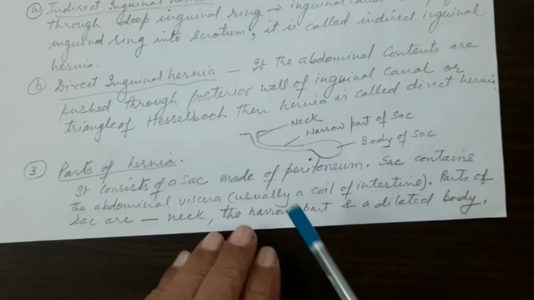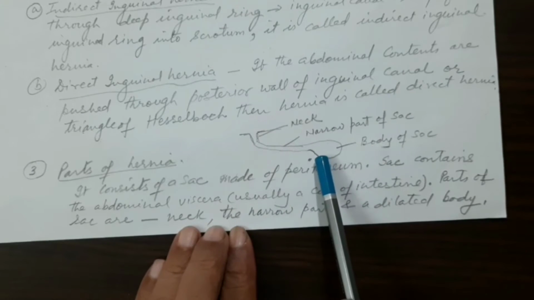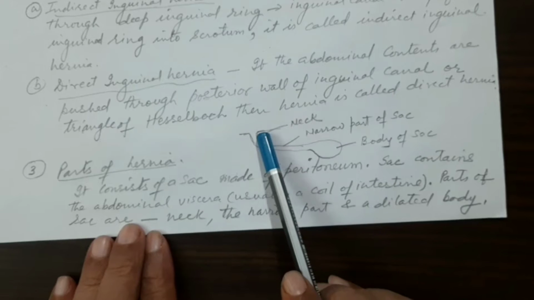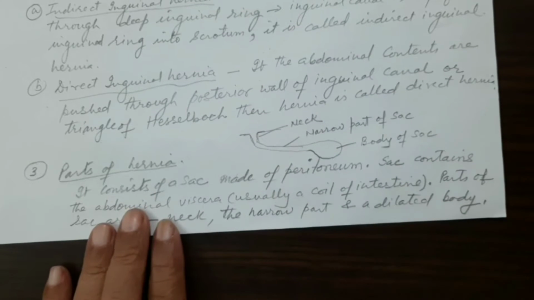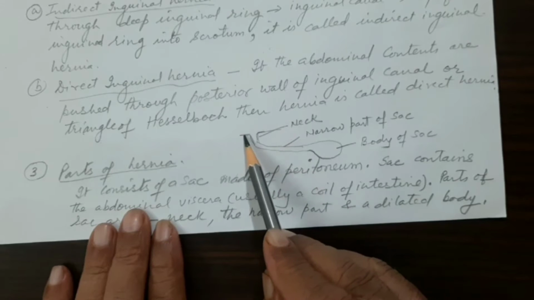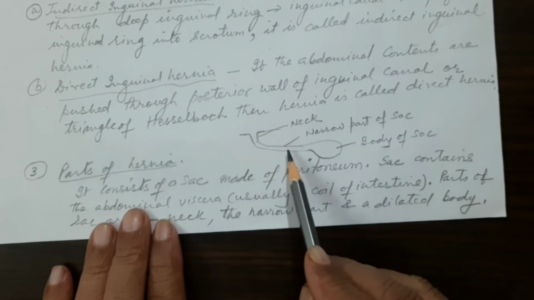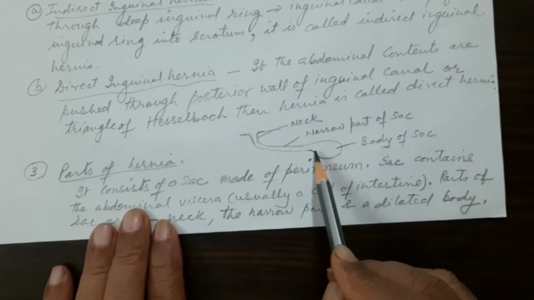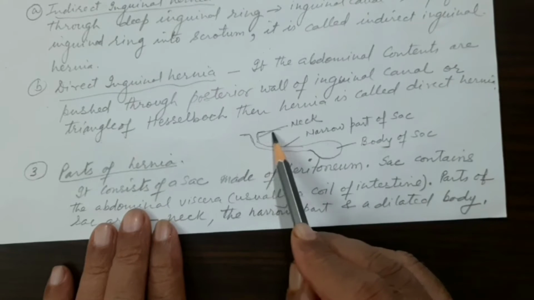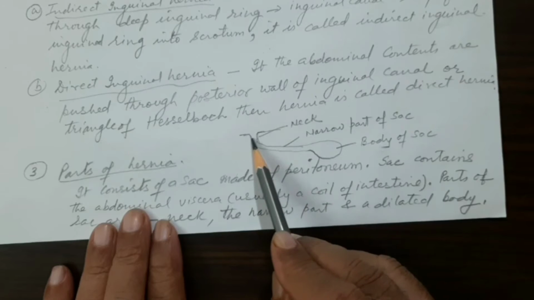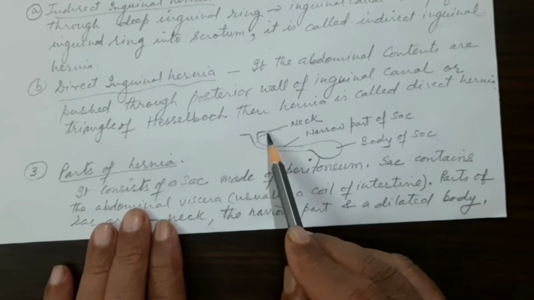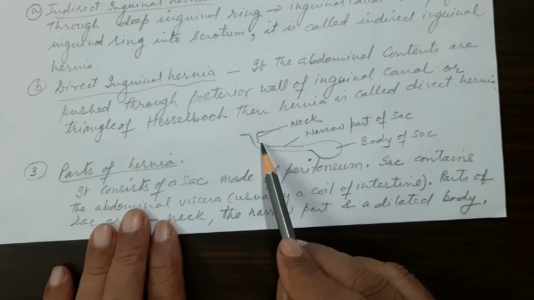Now the parts of this hernia are thus: there is a neck. Neck means from the deep, which lies at the deep inguinal ring. This is the parietal peritoneum which has been pushed and may contain coils of small intestine. So this is the peritoneum, and at the deep inguinal ring, in fascia transversalis, there lies the neck of the hernia.